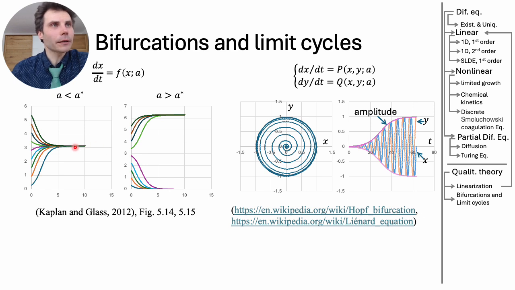So such a phenomenon is called a bifurcation, when the stationary point either disappears, or when it loses stability, or when it gains stability, or when it splits in two stationary points. So this all is called bifurcation.